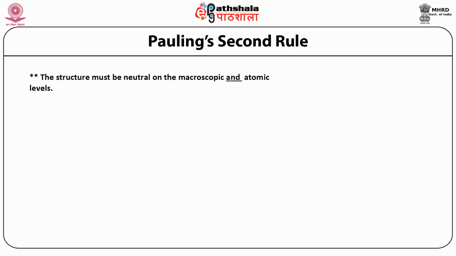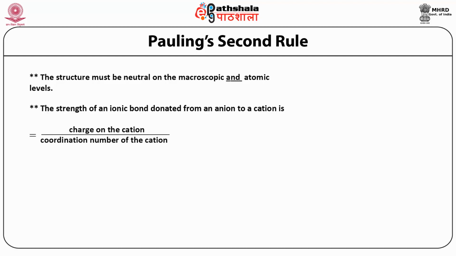So, to determine if the requirement of electrical neutrality is satisfied in a case, the concept of bond strength is introduced. The strength of an ionic bond donated from an anion to a cation is defined as the formal charge on the cation divided by its coordination number.